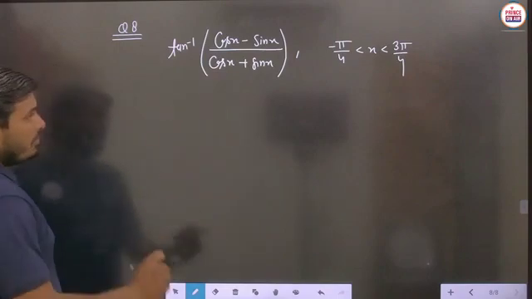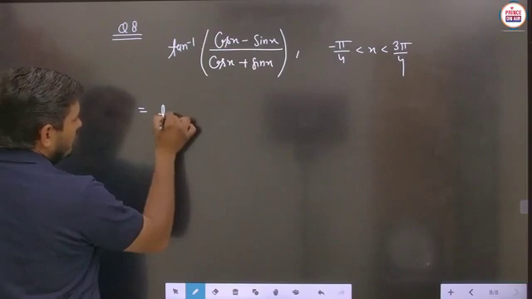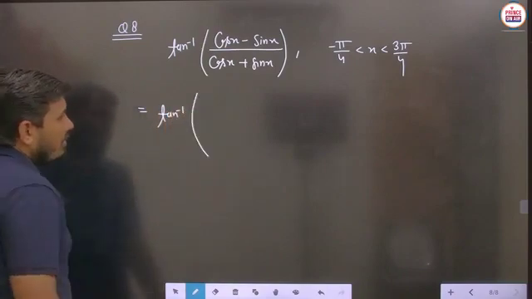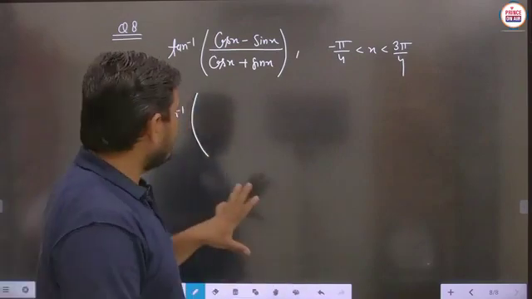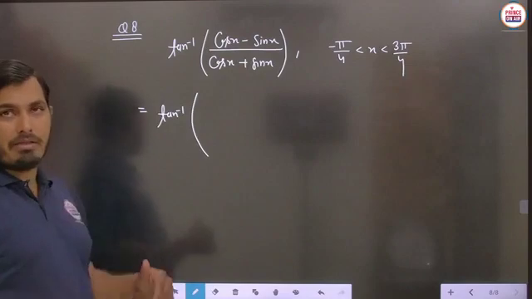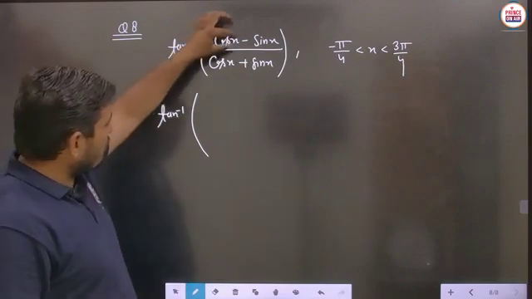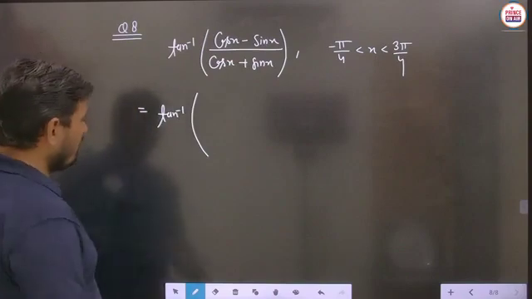Now basically we have to see how this particular expression will become a form of tan. For this purpose we are dividing the numerator as well as the denominator by cos x, meaning cos x is common from here and cos x is common from here.